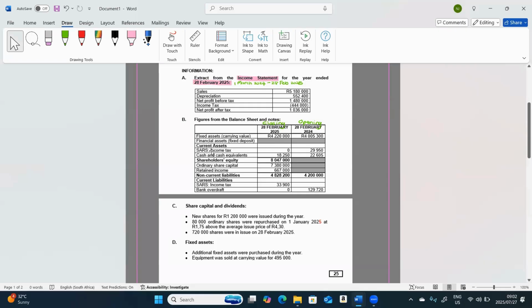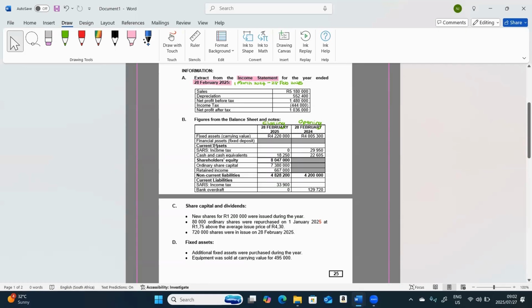We don't have SARS income tax as a current asset for the current year. It was a current asset in the previous financial year. So the opening balance of SARS income tax was a receivable because it falls under current assets. Can you guys see that? So that is very important to note.